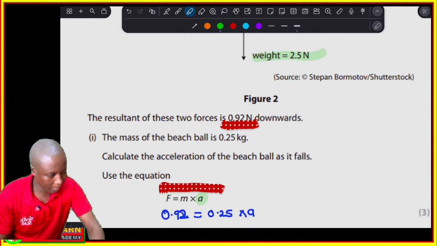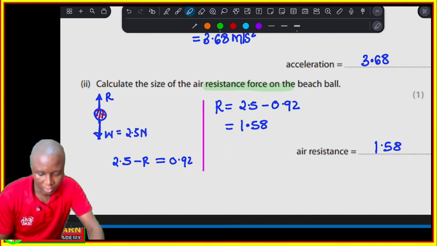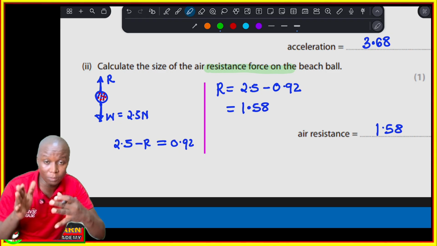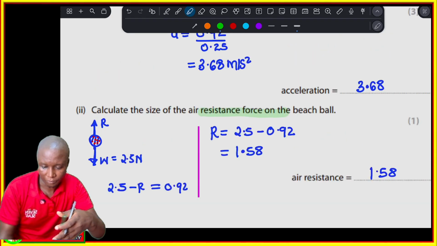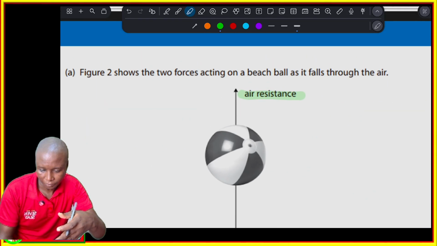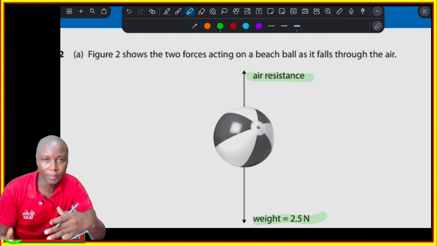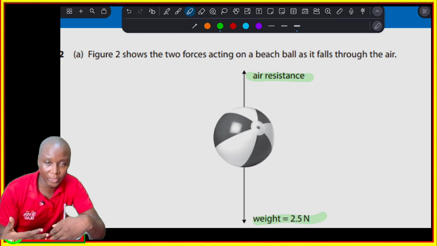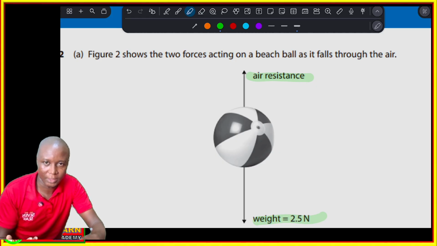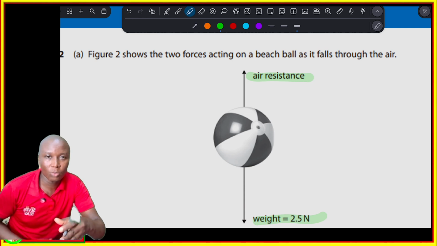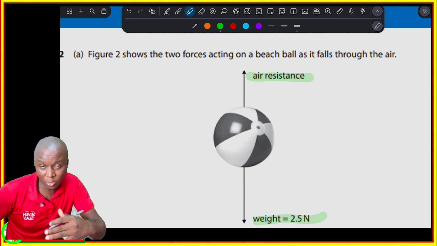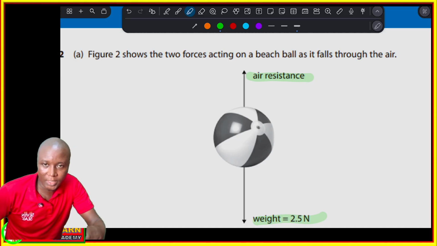Because the ball was moving downward, the resultant force will be downward. So it means that weight was greater than air resistance, and to work out the resultant force, it will be weight minus the air resistance.